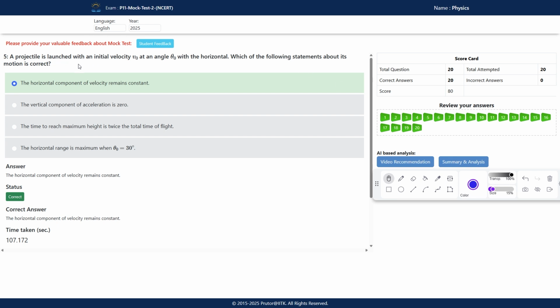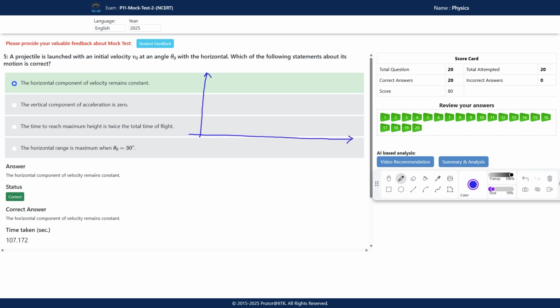A projectile is launched with initial velocity v naught at an angle theta naught with horizontal. Which of the following statements about its motion is correct? So projectile motion, it's like this. Listen carefully.